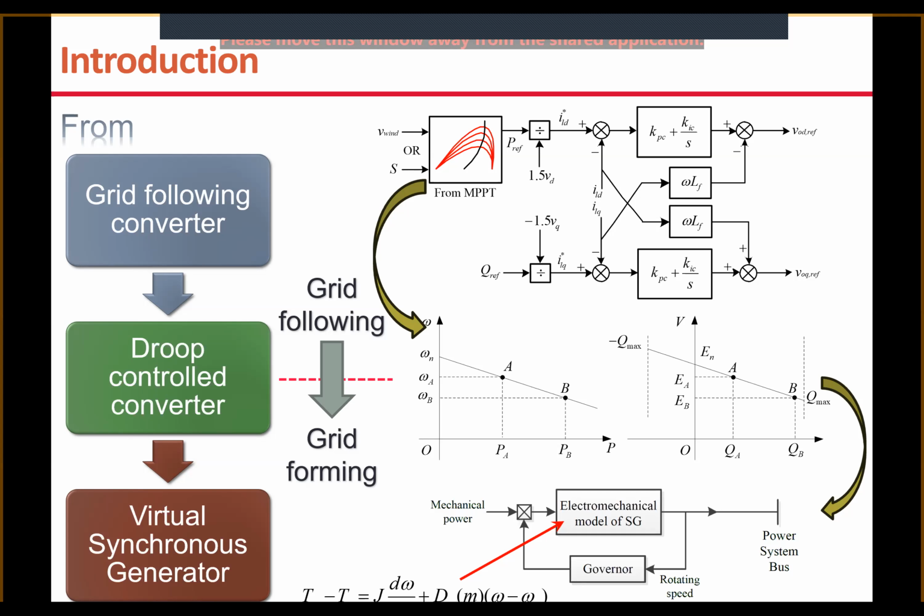Using VSG control, we can make the wind turbine generator behave like a synchronous generator, at least from the external behavior. It can provide inertial response and also droop control, the primary frequency regulation capability.